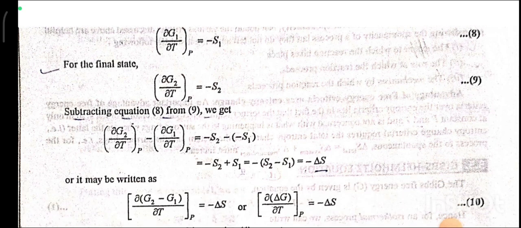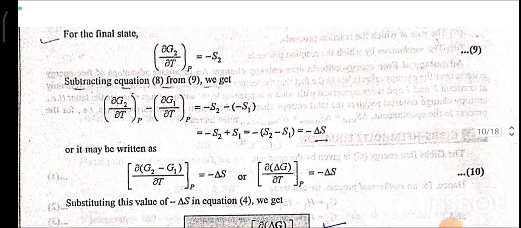If pressure is kept constant, dG at constant P is equal to minus SdT. So del G upon del T at constant P is equal to minus S. For the initial state, del G1 upon del T at constant P is equal to minus S1. For the final state, del G2 upon del T at constant P is equal to minus S2.